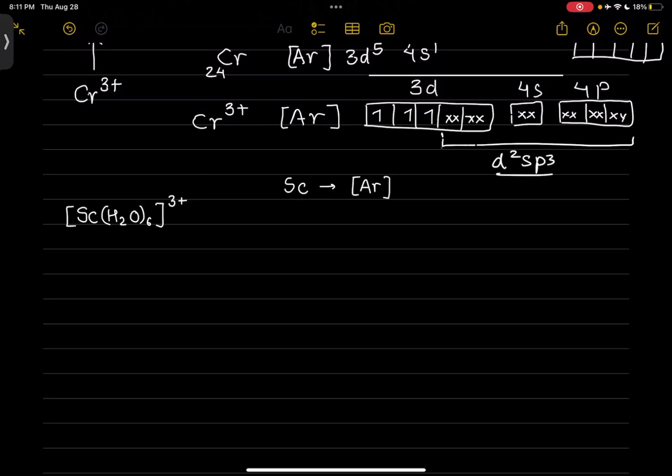The shorthand representation of the electronic configuration is argon, since it is the 21st element, so 4s2, then 3d1.